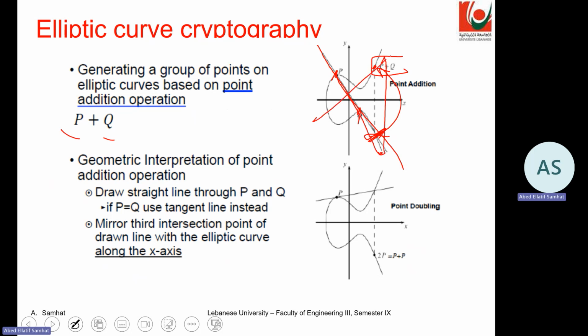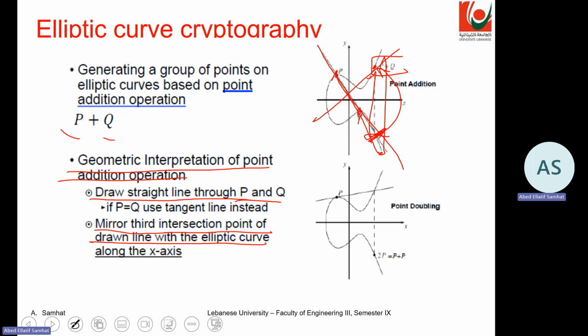You complete the straight line, and when you have the intersection point with the curve, you find the symmetry. So the geometric interpretation of the addition operation: you draw the line through P and Q, and you mirror the third intersection point of the line with the elliptic curve along the x-axis, as we said.